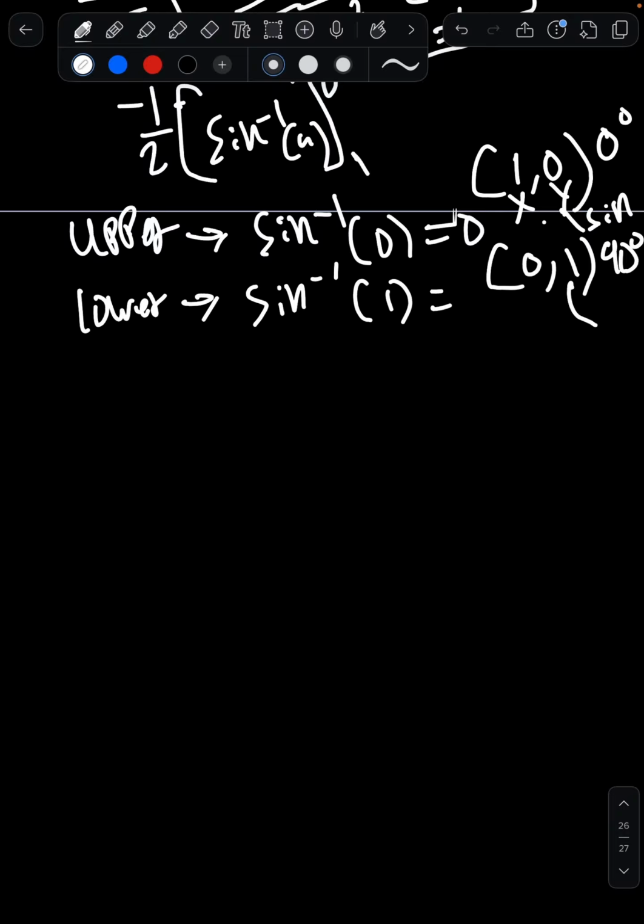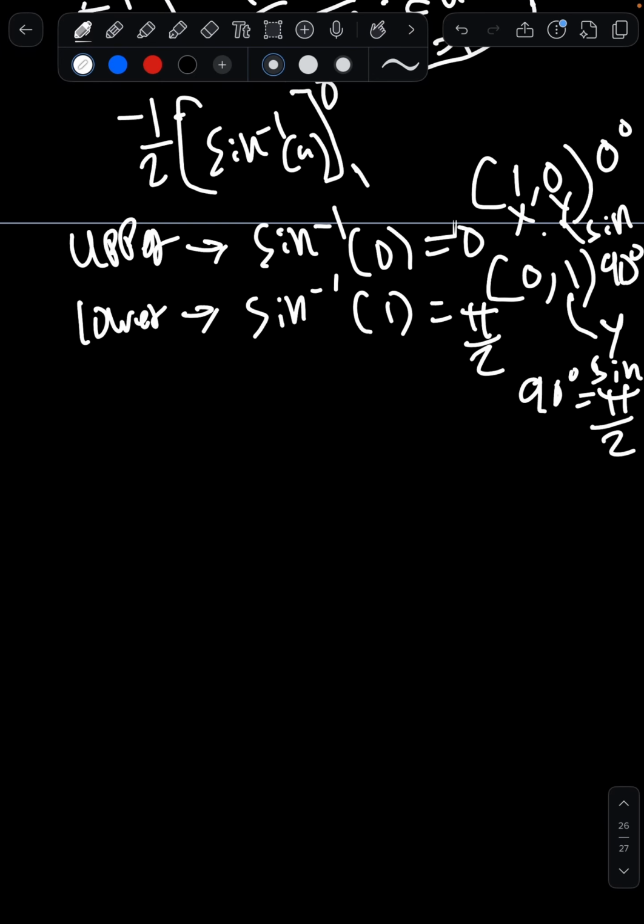Where this is our sine coordinate, or a y coordinate, which is correlated to sine. Now 90 degrees on the unit circle is equal to pi over 2. So that's going to be our answer. It's going to be pi over 2.